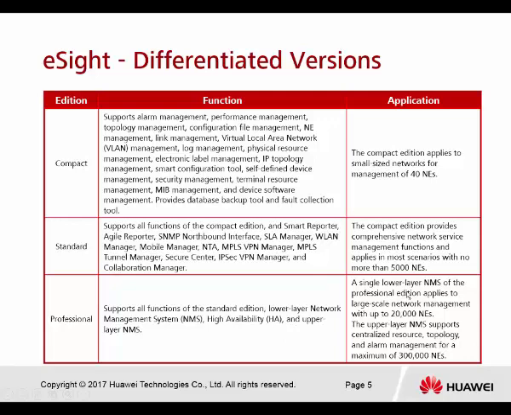A single lower layer NMS of the professional edition applies to large-scale network management with up to 20,000 NEs, quite a lot, compared to the previous one, where the standard edition is 5,000 only. The upper layer NMS supports centralized resource topology and alarm management for a maximum of 300,000.